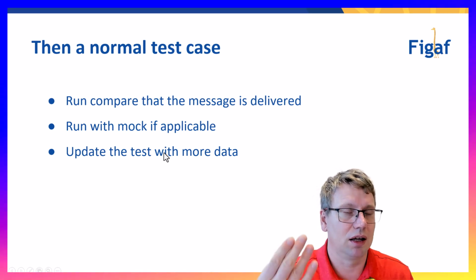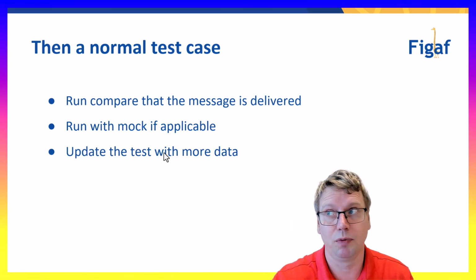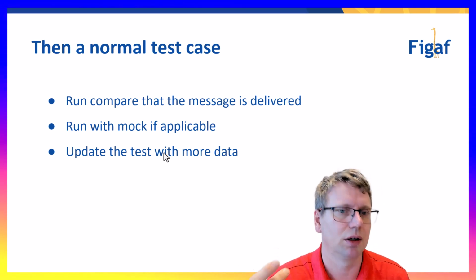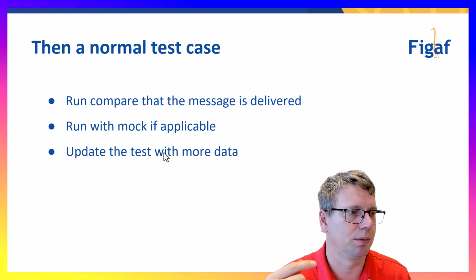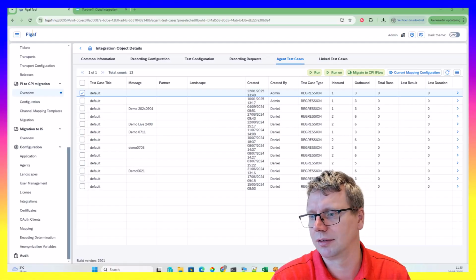So if you had a test case where you've recorded both before and you needed mocking, it would be possible to set up and say where you want to fetch the details on.